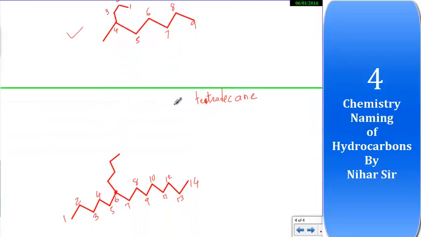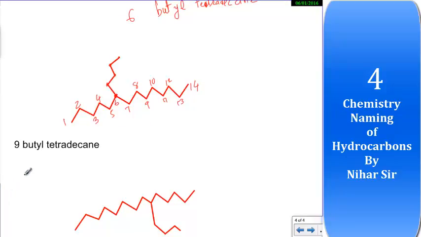So first of all I will write yl, that is for the branching off. How many carbons are there in the branch? There are 1, 2, 3, 4. So I will write butyl, right? And the branching off is on number 6. So it is 6-butyltetradecane, right? It's 6-butyltetradecane.